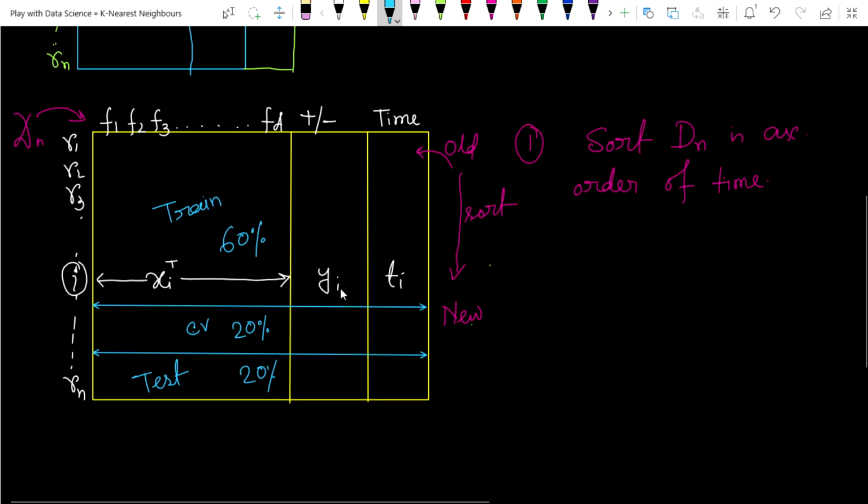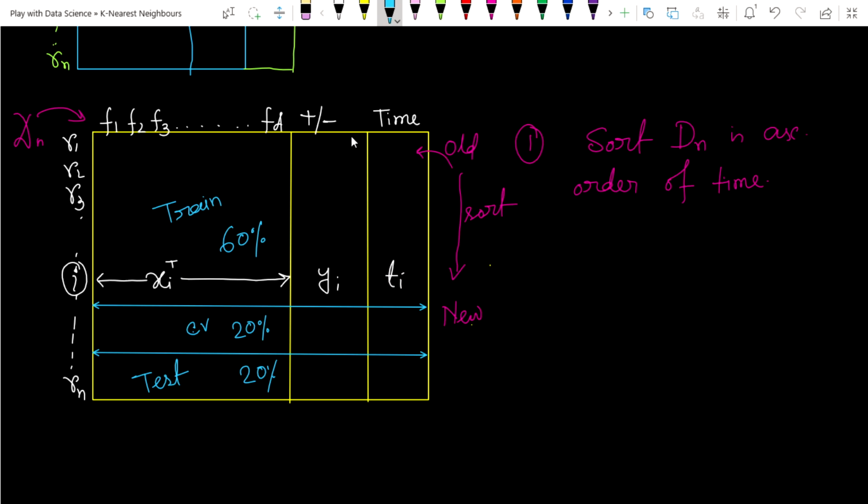I think you have understood. If you see, the past time, the old 60% of the whole data set, we have taken for training. It is not coming randomly here.